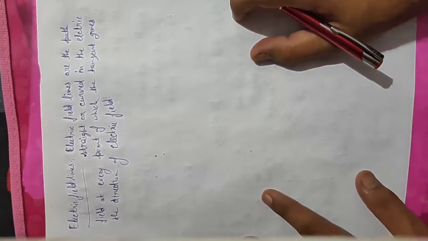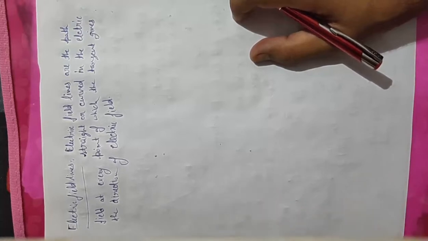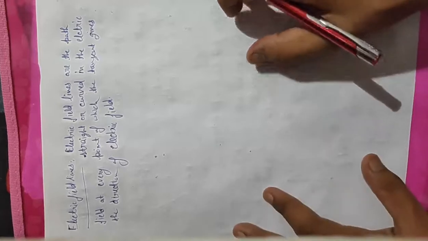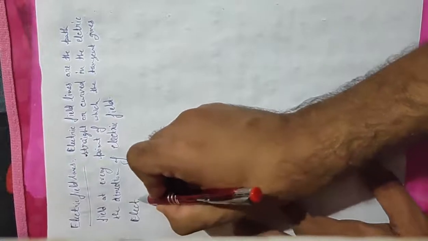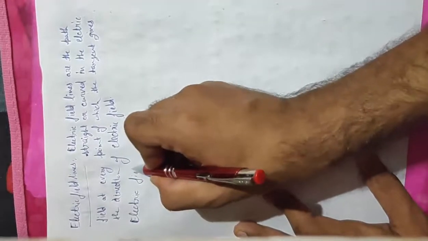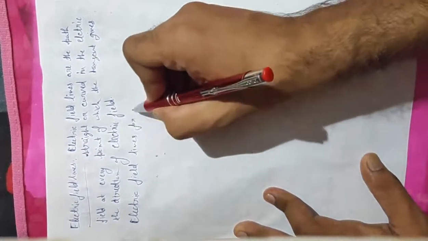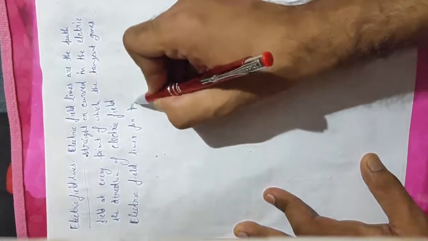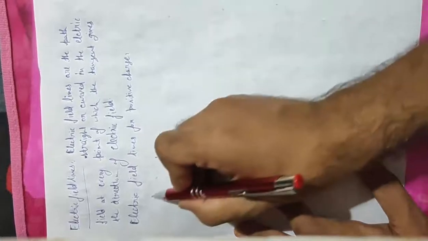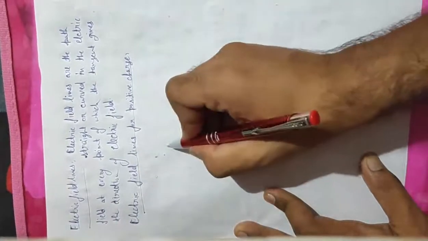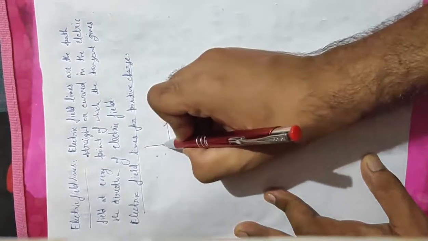Now we are moving to our last topic, electric field lines for the positive charge, for the negative charge, and for the pair of charges. For example, for positive charge, we will observe that the electric field lines due to a positive charge are always straight lines which are radially outward.